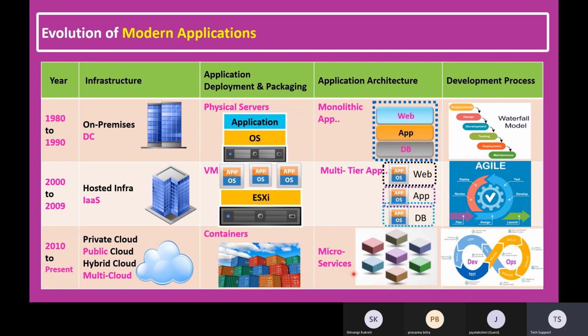But in the latest concept, modern applications are developed with a microservices architecture. As the name itself says, they are microservices: applications are decoupled from operating system dependency, and the bulk application is broken down.